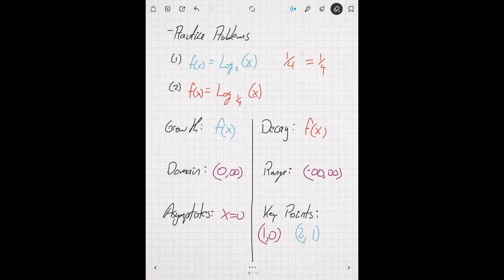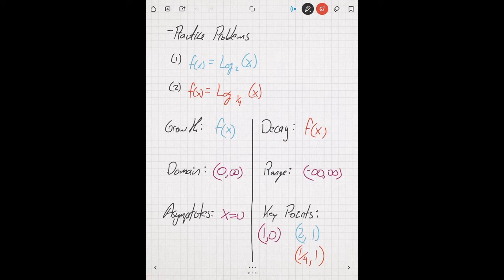Well, that unknown power is just 1. So, if you plug 1/4 in for x, you're going to get 1 out for y. And that is where we're able to determine a little bit more accurately how highly curved the graph is. So these key points are helpful when determining the graph and helping to get a better picture of what's going on. And of course, we're able to better see whether we're working with growth or decay.